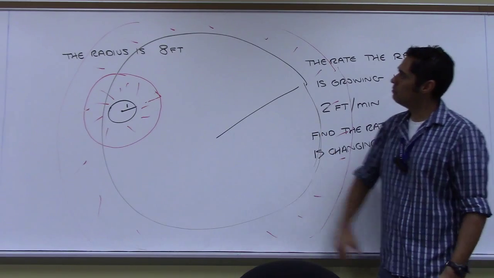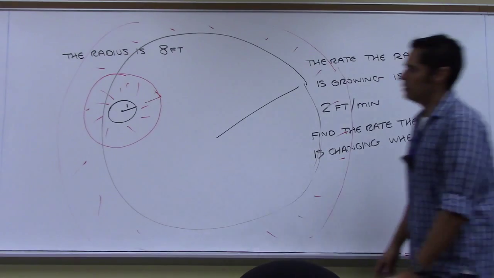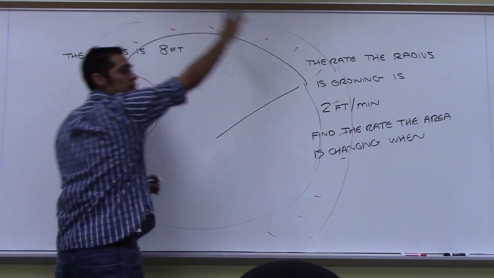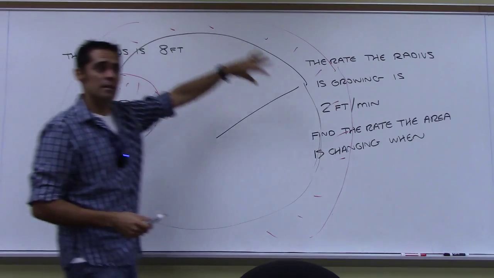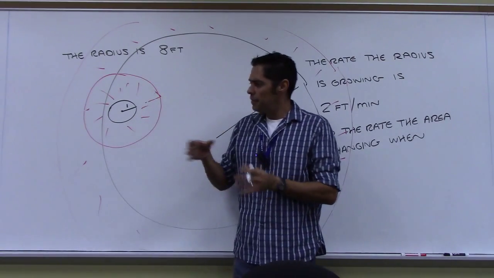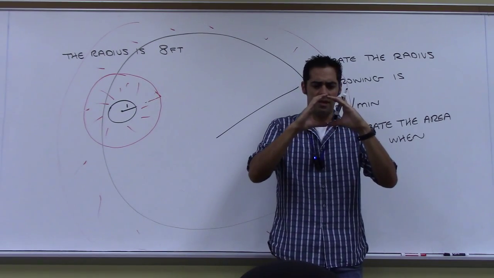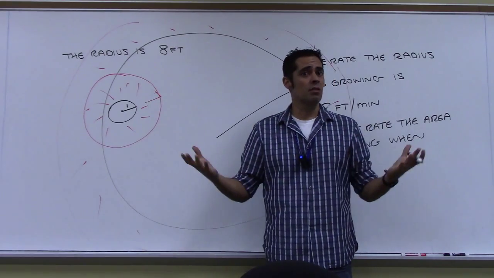Look at it geometrically. Is this area right here the same as the area of that band that goes all the way around that 8-foot circle? Which one's more? The big one, right? So that's what I was trying to get at, is that if I give you a circle, I don't tell you what the radius is, and I tell you to tell me how much that area is changing by, you need to know how big that circle was.